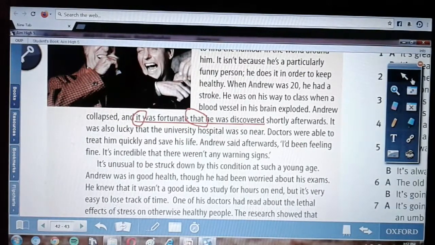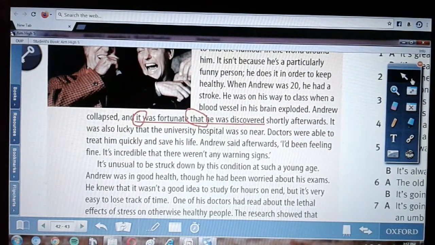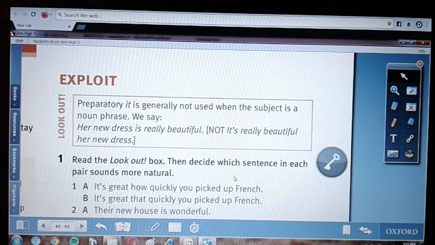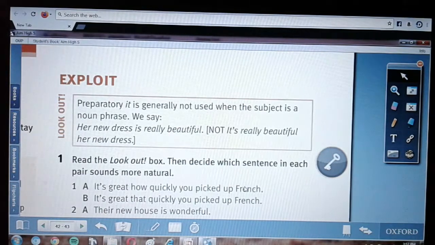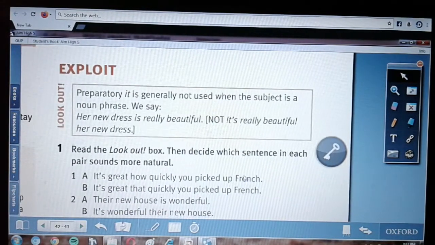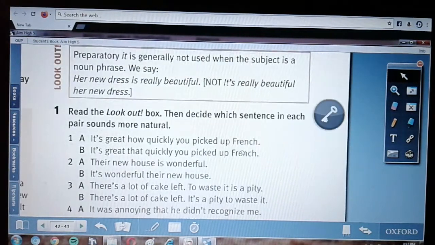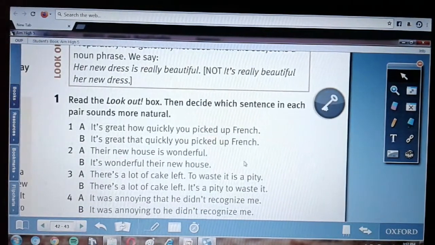Alright, so I want you to find the other examples of preparatory it followed by clause and infinitive. After finishing that second part, I want you to do the exploit part. Take a look at part 1. Read the lookout box.